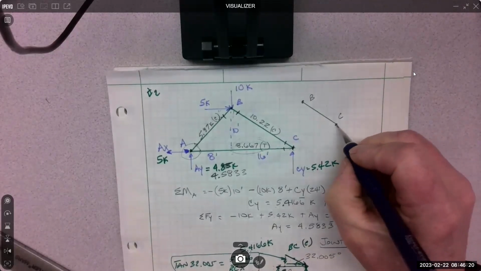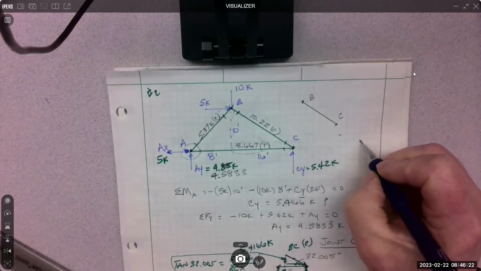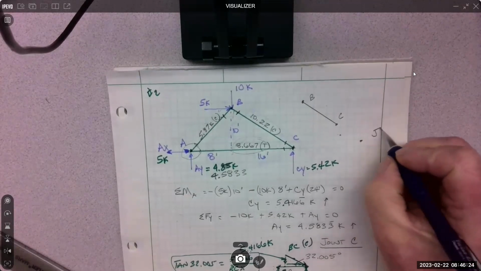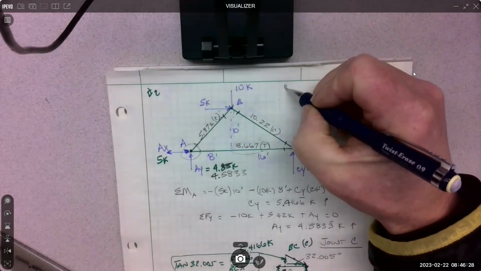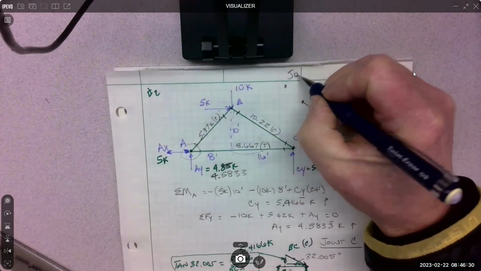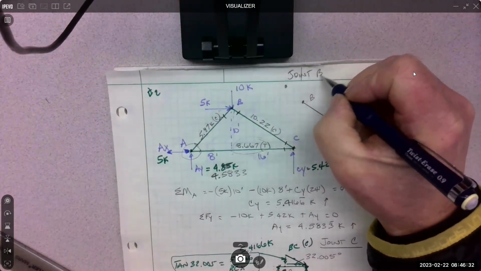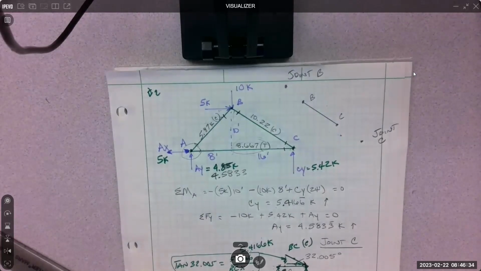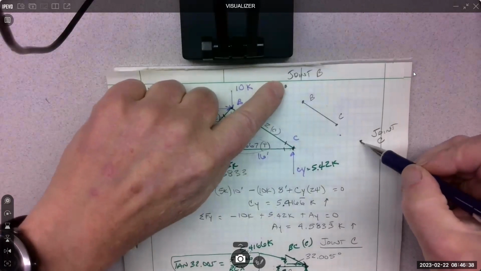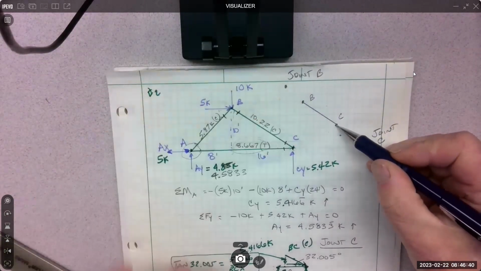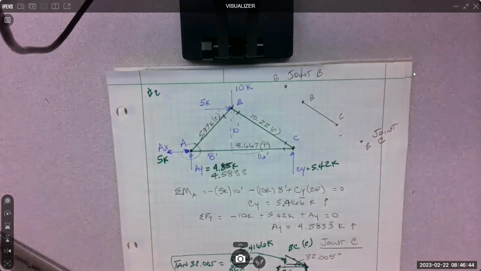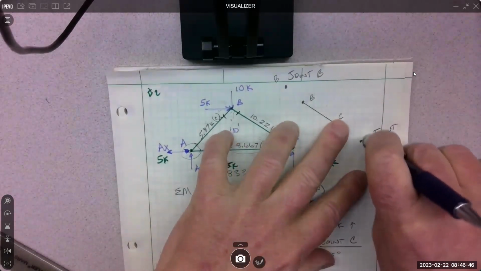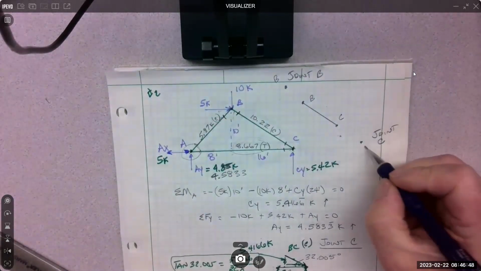So then I'm going to take the C point apart. So here is joint C, and here is joint B, right? So I separated the connection points from the actual member. So this is B, or that's C, sorry. It'll be confusing here.